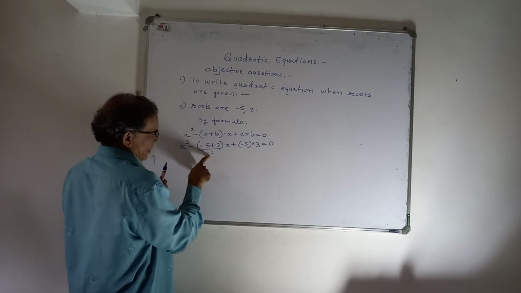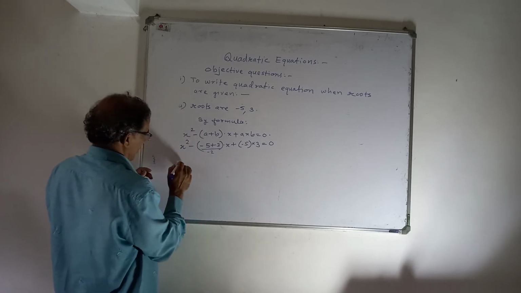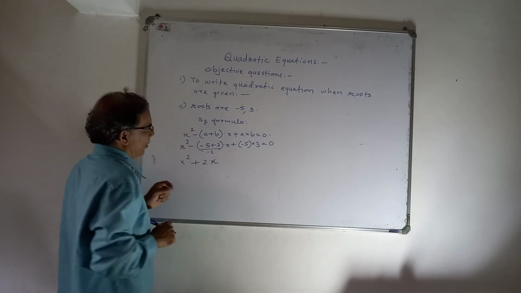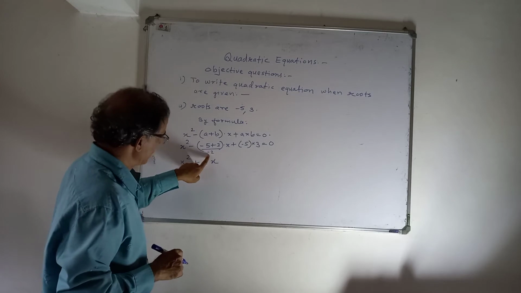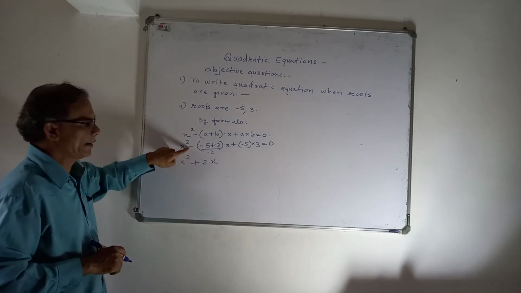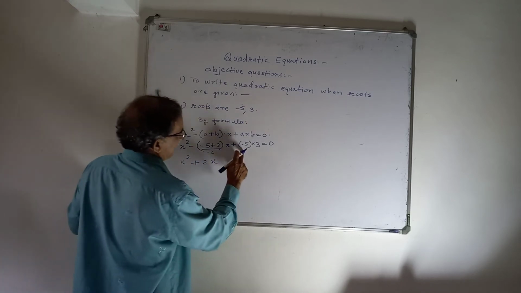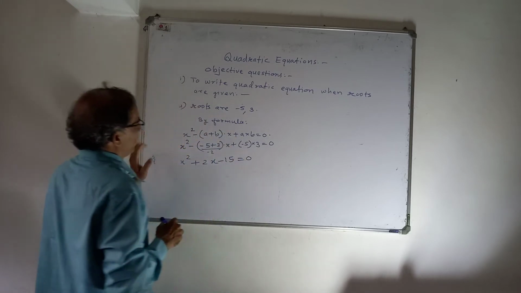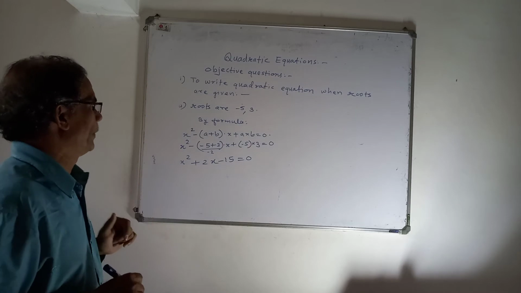So minus into minus is plus 2 into x. So you can write now directly plus 2x. See, 3 minus 5 is minus 2, minus 2 into this minus sign, so plus 2x. And minus 5 into 3 means minus 15 is equal to 0. This is the method by formula.